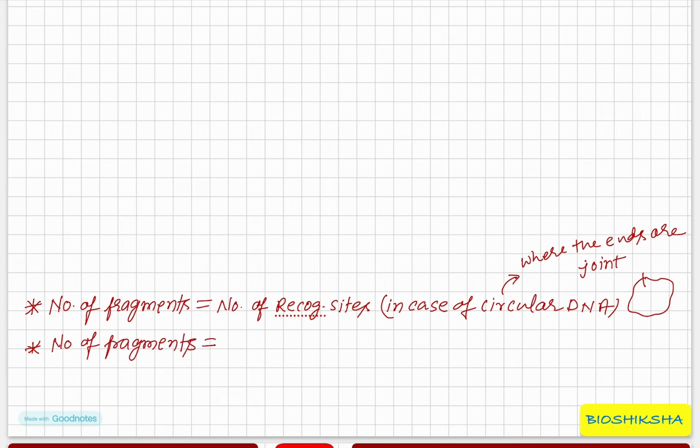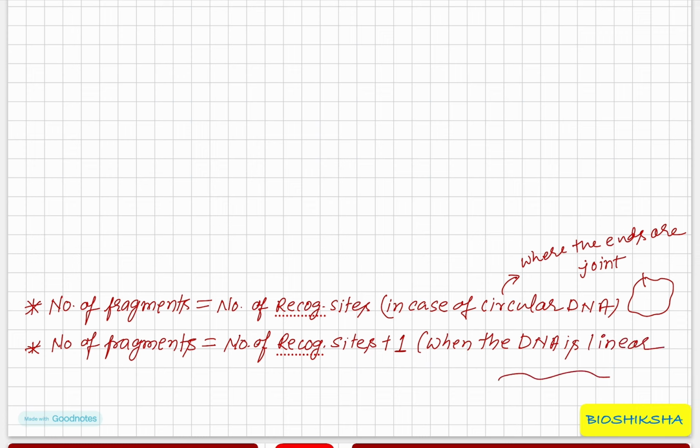The second thing you should remember is the number of fragments is equal to the number of recognition sites plus 1, when the DNA is linear. Linear means the ends are not joined.